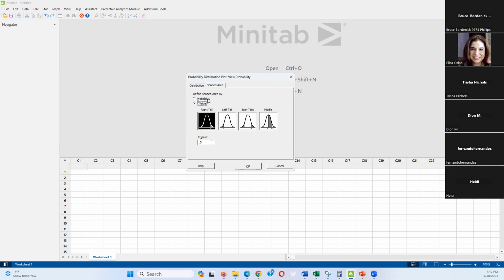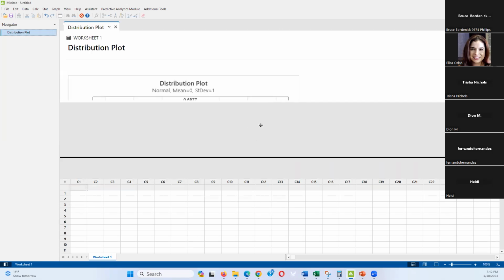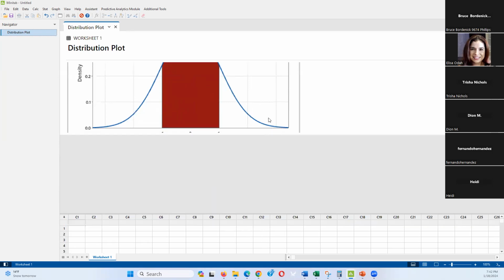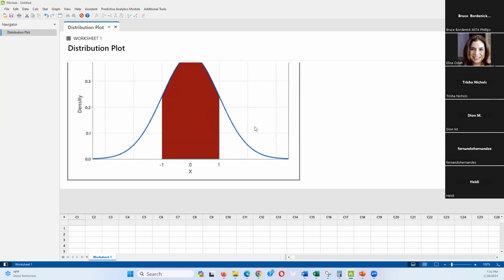Now I am going to show you a few things. If I give the X value, from minus 1 to plus 1, and you can clearly see this is 68%. This is plus minus.